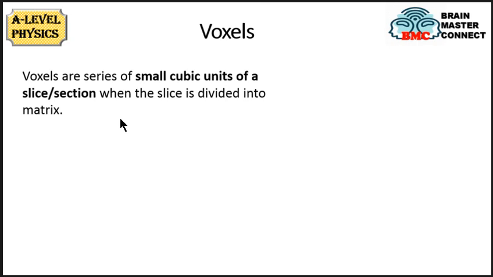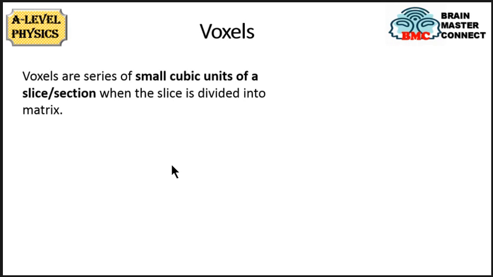The same thing goes for Voxel. The whole photo paper is more or less like your section. By the time you begin to cut that paper into smaller sizes of the passport, what you are simply doing is getting your Voxel from the section. So liken your Voxel to a set of passports on a slice.